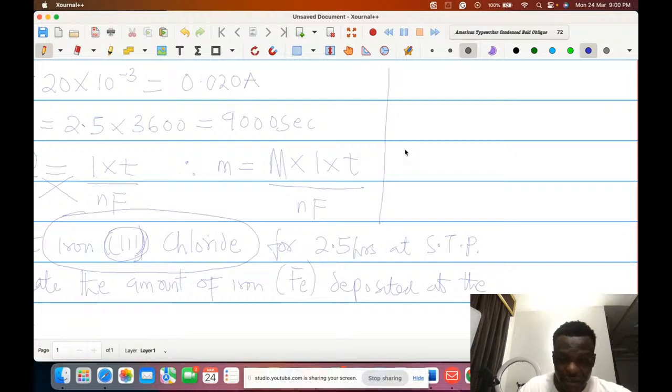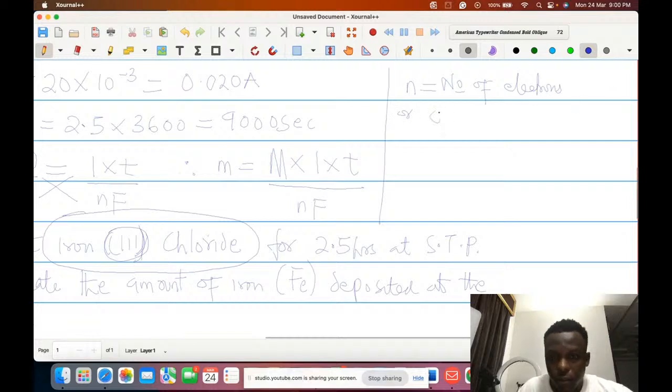Our N is the number of electrons, or oxidation states of the metal.